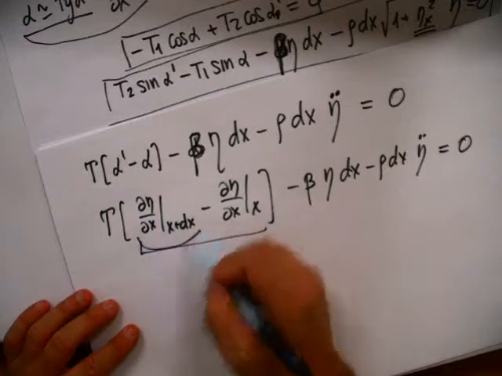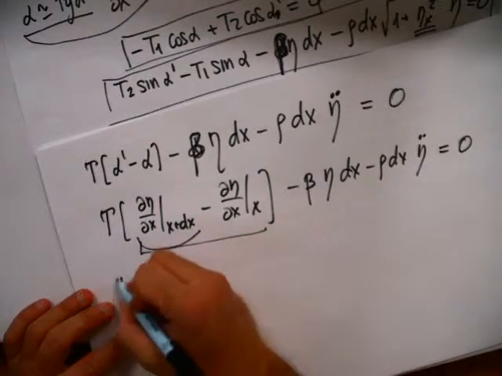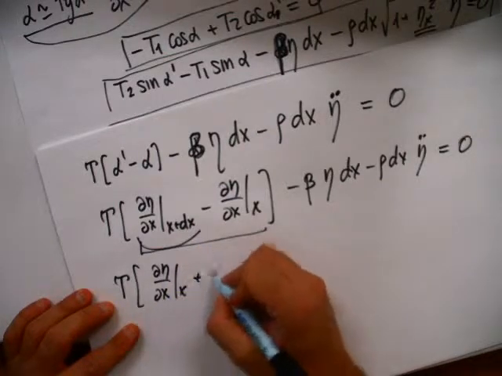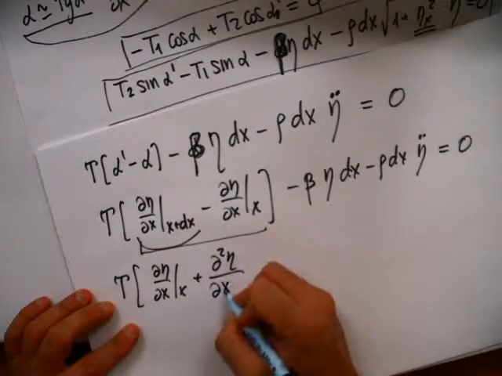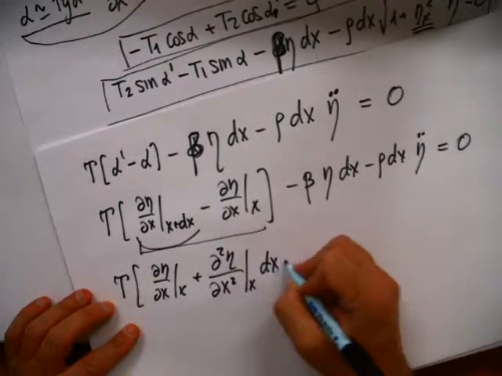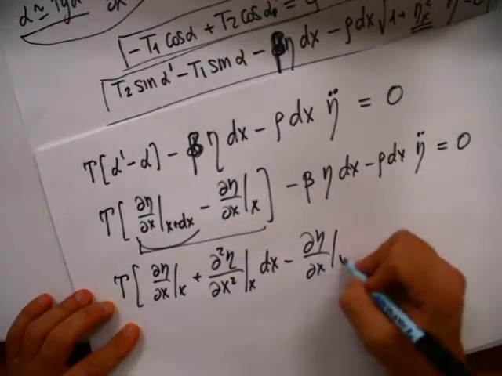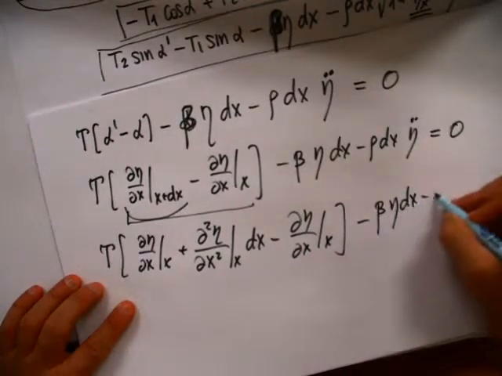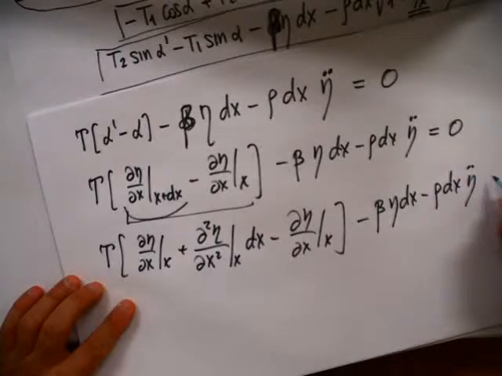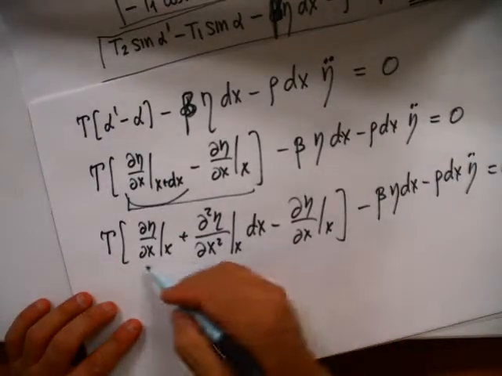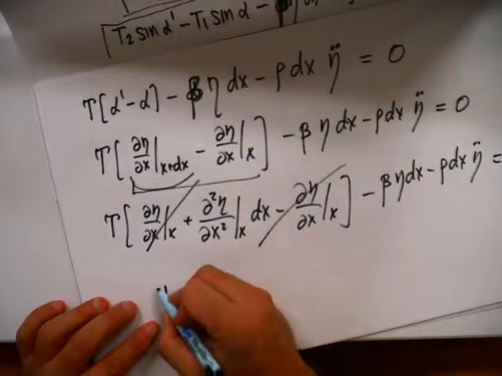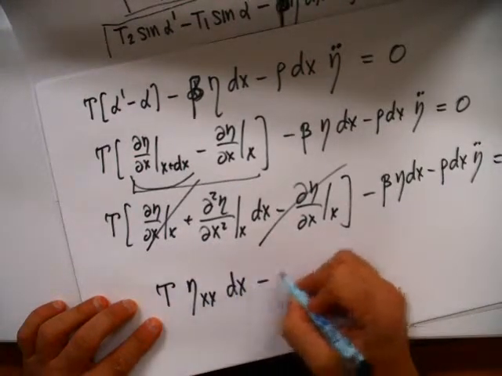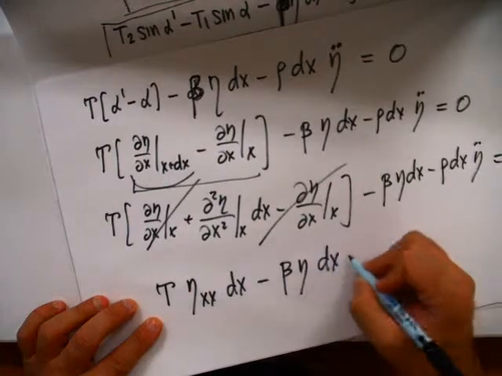So we get T times d eta dx at x plus the second derivative of eta in x at x times dx, minus d eta dx at x, minus beta eta dx minus rho dx eta dot dot equal to 0. So this and this simplify, and we are left with T eta xx dx minus beta eta dx minus rho dx eta dot dot equal to 0.